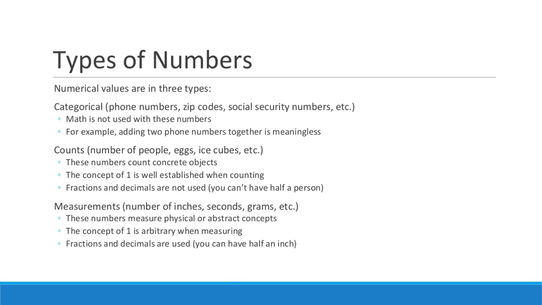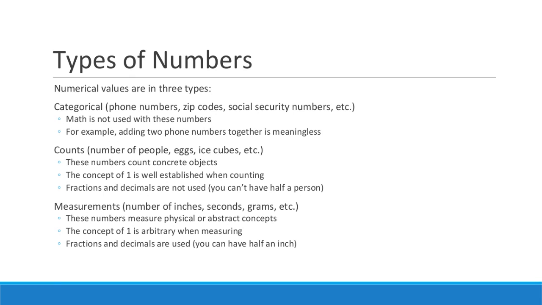Counts. So if you have number of people within a room, you have a dozen eggs, ice cubes, it's the amount of concrete something that we have. I have 5 fingers on my hand. I have one bottle of water. It's a substance that I can talk about, and it's physically represented in some way. So we know what 1 is when we're counting, because each individual object is going to be relatable by whatever we count it as.